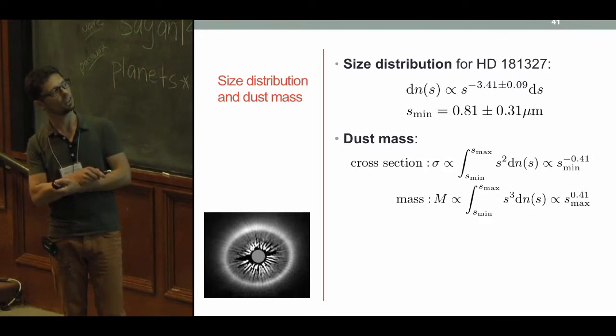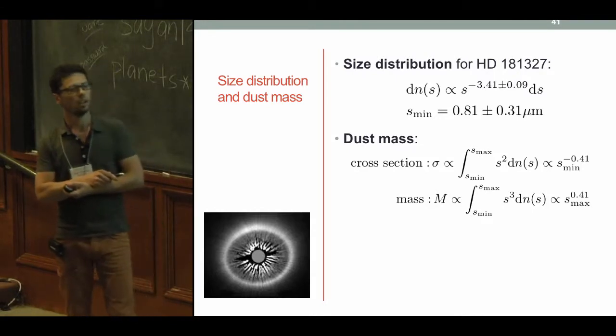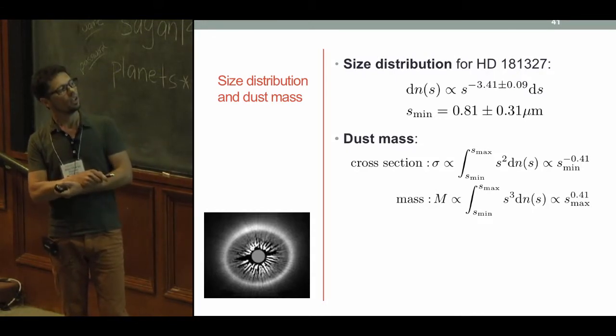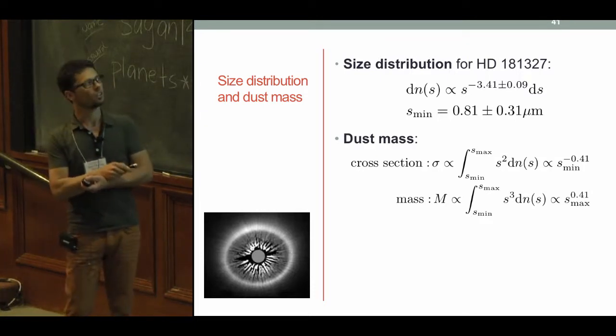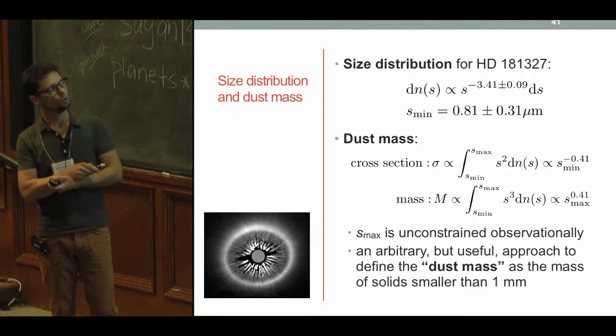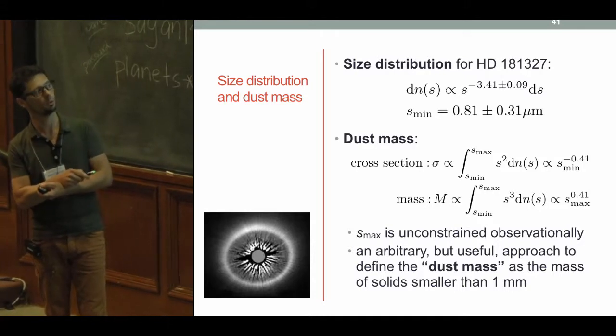So if the maximum grain size is large compared to the minimum grain size, the geometric cross-section is proportional to the minimum grain size to the power minus 0.4, while the mass, this is the opposite, is proportional to the maximum grain size to the power 0.4 here, which means that when you are doing an observation, you are sensitive to the cross-section, obviously, so you are sensitive to the minimum grain size.